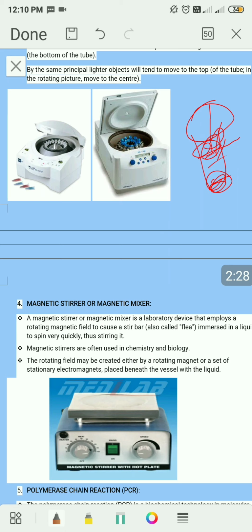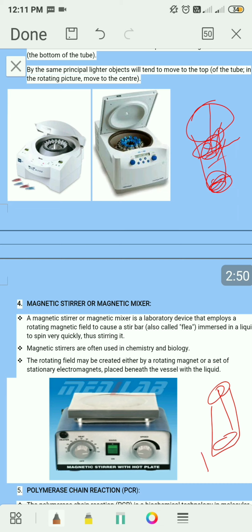Magnetic stirrer or magnetic mixer. A magnetic stirrer is a laboratory device that employs a rotating magnetic field to cause a stirrer bar to rotate. Previously, we used a stirrer to stir with our hand, continuous stirring. But with the help of a magnetic stirrer, there will be a magnetic bead.